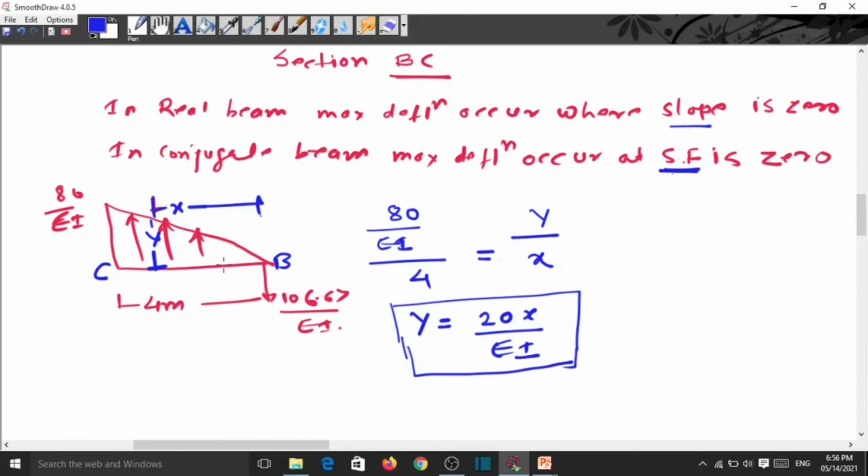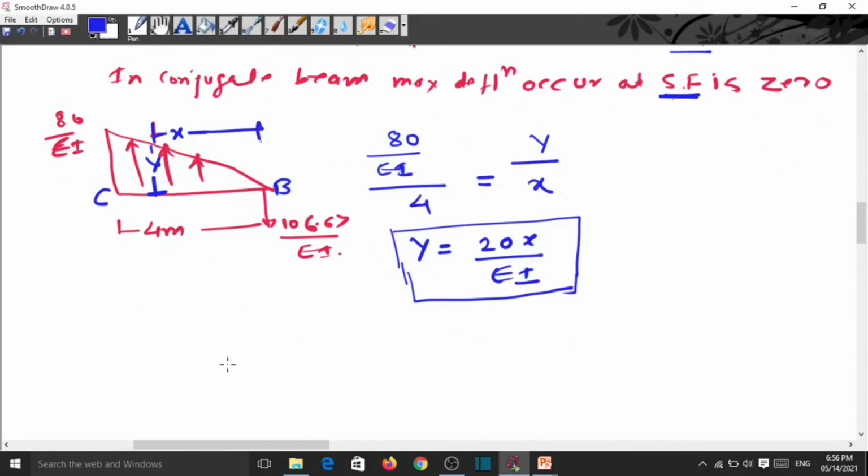Here at this section, from the right side the shear force, upward is positive, downward is negative, so it is minus.